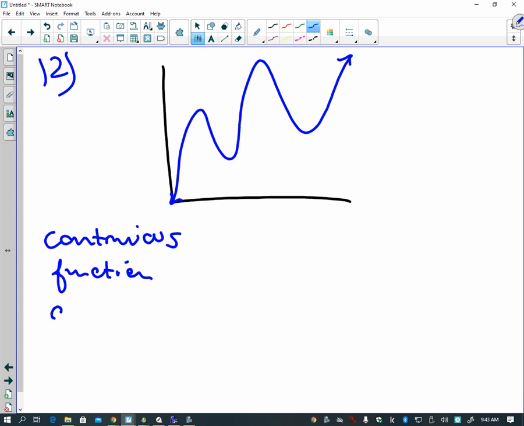Okay, what about domain? This arrow tells me what? All real numbers. What about the range?